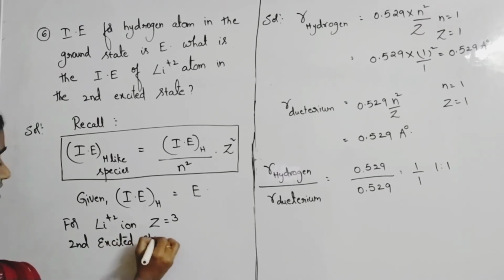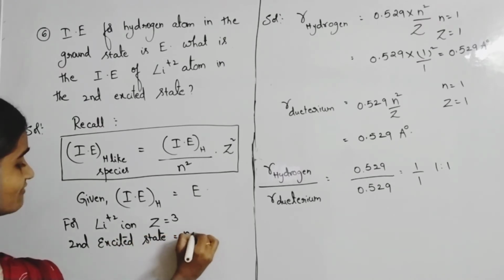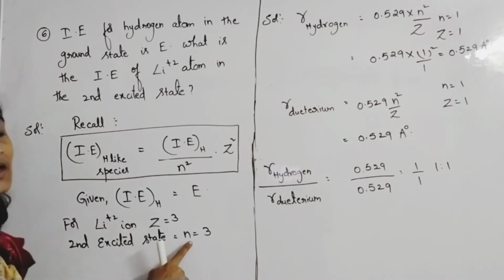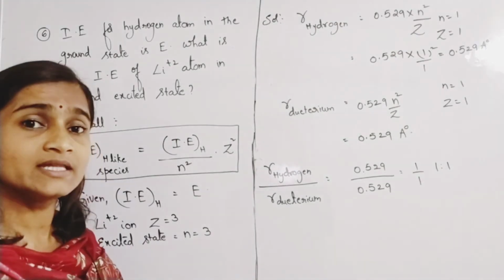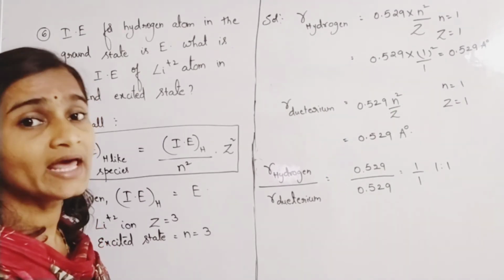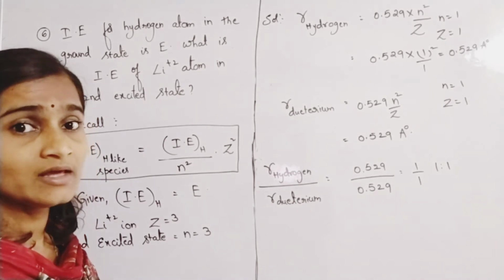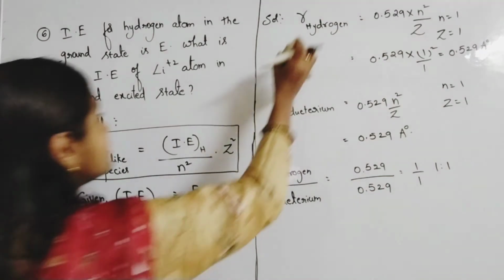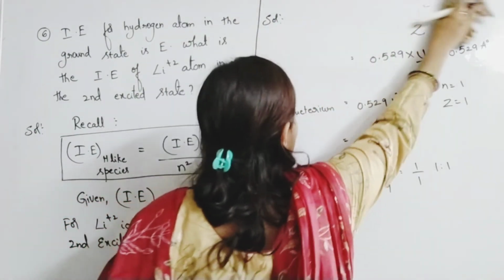Please understand this point carefully. If it is given first excited state, then N value will be 2. If it is given third excited state, then N value will be the next energy level, N equal to 4. Please check like that. Here it is given second excited state, so N value is 3. Then substitute the values in the given formula.